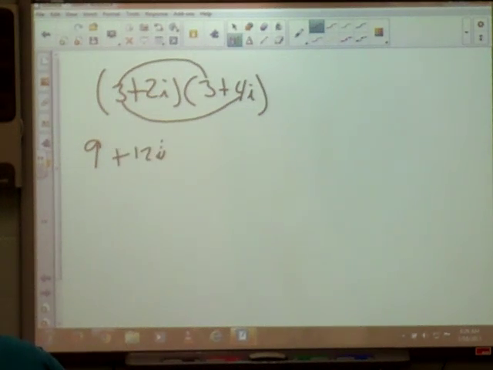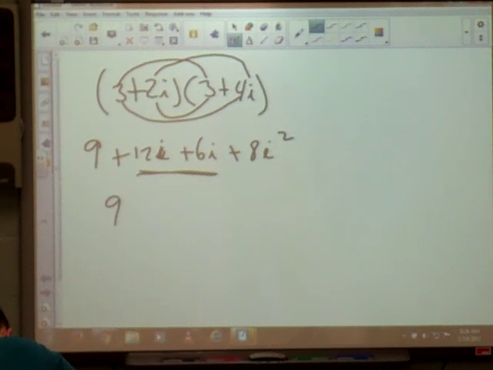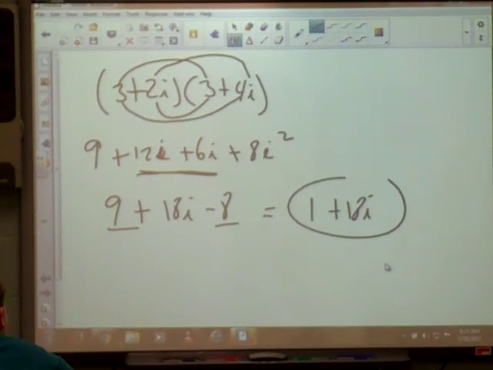On my inner, 2i times 3 is 6i. And on my last, 2i times 4i is 8i squared. Okay, start cleaning this up. On my middle, 12i and 6i, that's 18i. On this i squared, that's -1. So 8 times -1 is -8. 9 minus 8 is 1. That's in standard form. Boom.